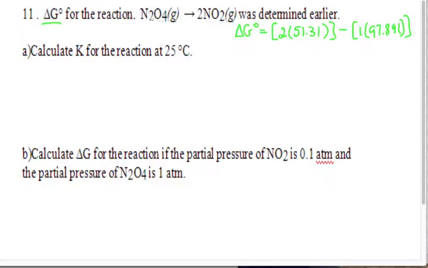And these are all going to be in units of kilojoules per mole. So let's get an answer. I heard the 4.73. Does anyone else have that? Yeah. All right, so 4.73 is the delta G of the reaction.